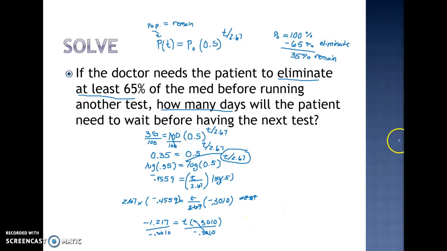And so that allows me to solve that t is equal to, and I type this on my calculator, and I got very, very close to 4. So going back to the question, this would tell me that the patient needs to wait at least 4 days. And that way, during those 4 days, their body would eliminate 65%, and they would have only 35% remaining.